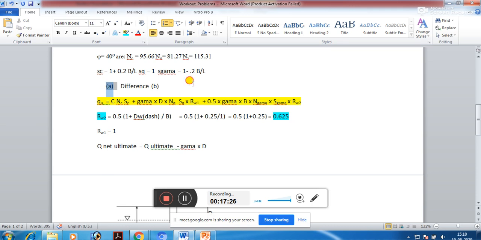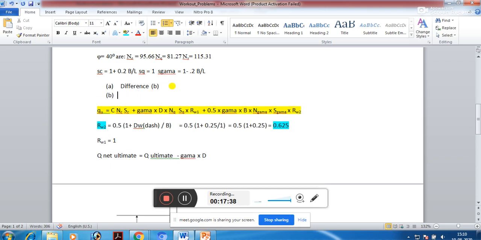So ultimately, if you calculate Q ultimate from A, that is going to be more than Q ultimate B. So you understand now the effect of water table on bearing capacity.